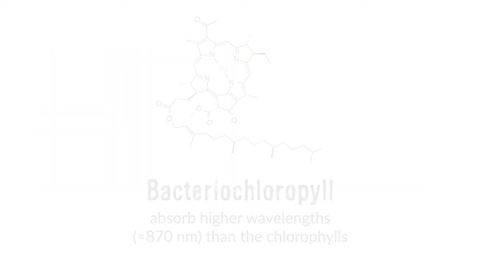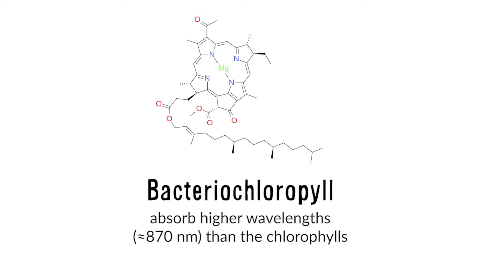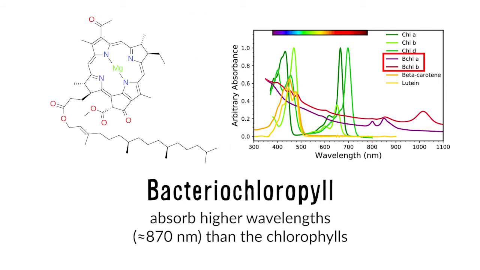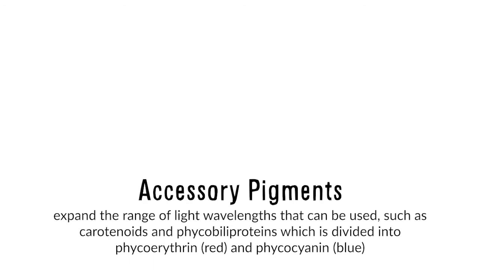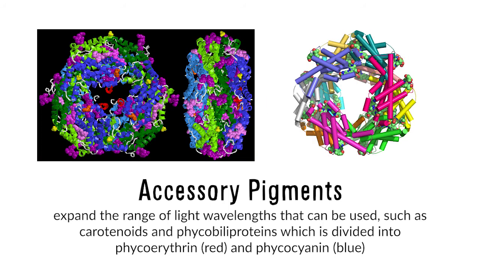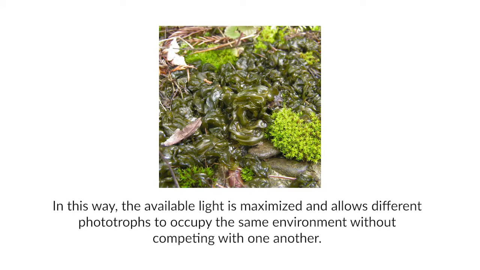In purple and green bacteria, they have bacterial chlorophylls that absorb higher wavelengths than the chlorophylls, at around 870 nanometers. Aside from this, there are also accessory pigments that expand the range of light wavelengths that can be used, such as carotenoids and phycobiliproteins, which are divided into phycoerythrin and phycocyanin. In this way, the available light is maximized and allows different phototrophs to occupy the same environment without competing with one another.